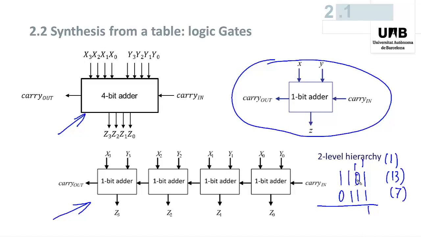Then 1 plus 0 plus 1 is 2. In binary 1, 0. 1 plus 1 plus 1 is 3. In binary 1, 1. And finally 1 plus 1, 2. In binary 1, 0. So the result is this one that represents in decimal 16 plus 4 plus 1, that is to say 21.